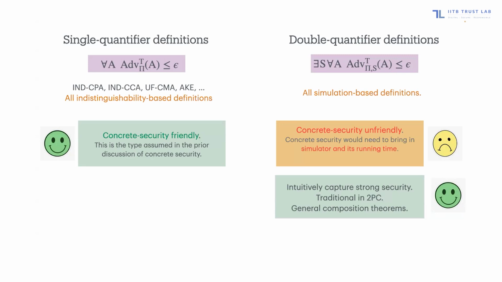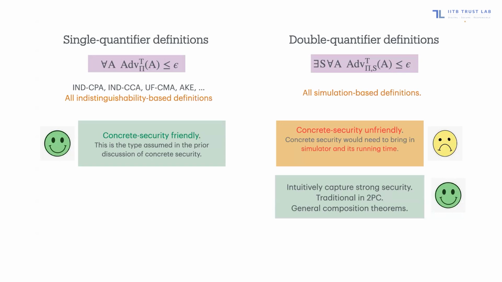Although I would like to point out it's not impossible to get concrete security results. It's just that anytime people try to get it, you have to actually look into the protocol, try to see specifically what kind of analysis you can do.